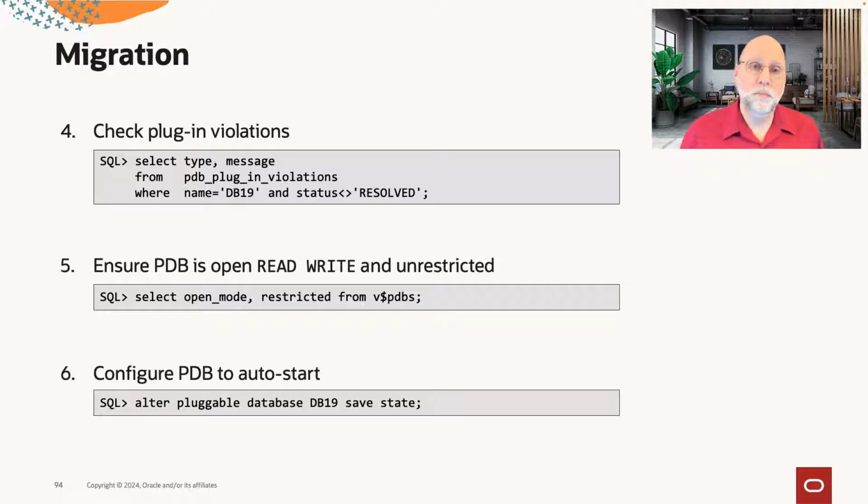You might have a pluggable database that sits there idle most of the time, and then at the end of the month, you just load a bunch of data into it for archival purposes. And maybe the default state of that one would be, it will be closed by default. So this save state operation tells us what is the state that you want by default for this PDB when the CDB starts up. Do you want that PDB opened automatically, or do you want us to just leave it closed?